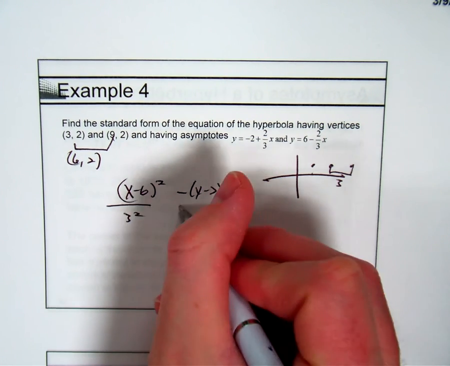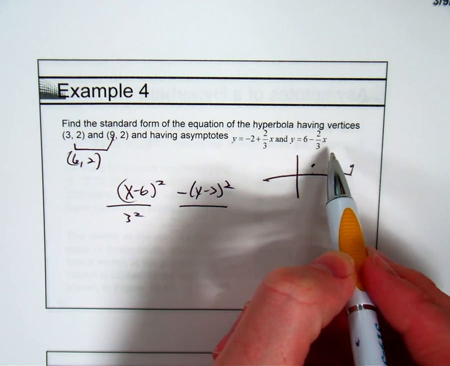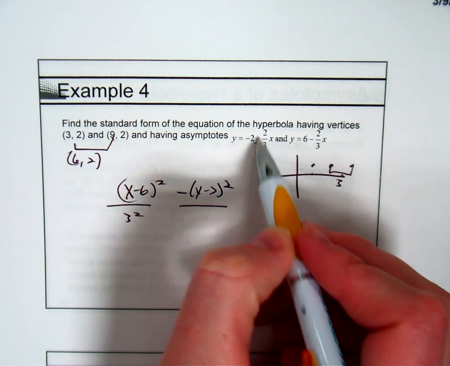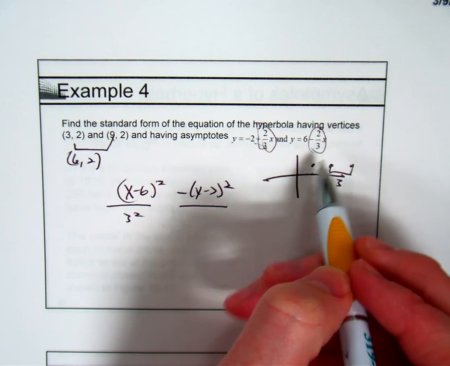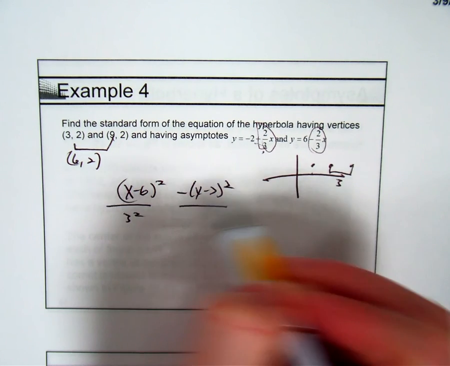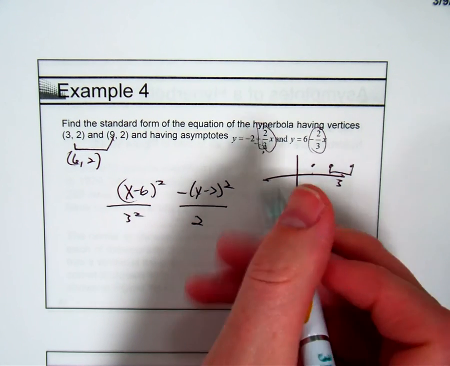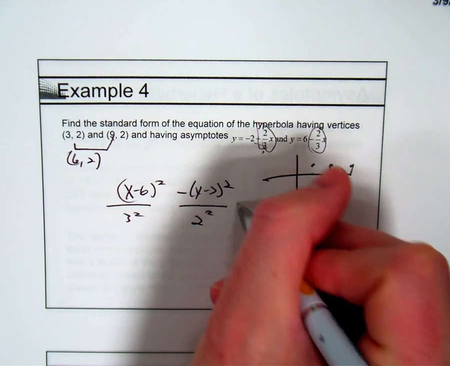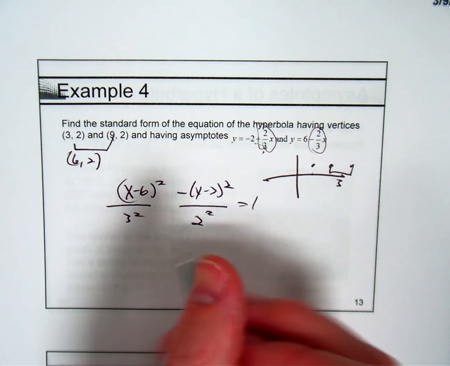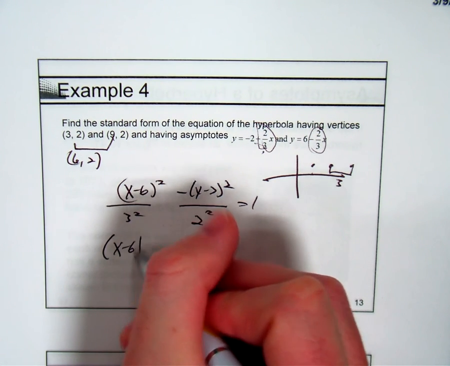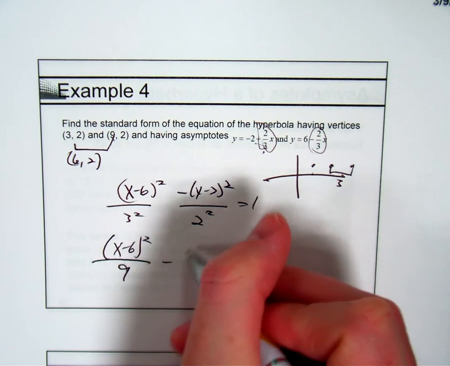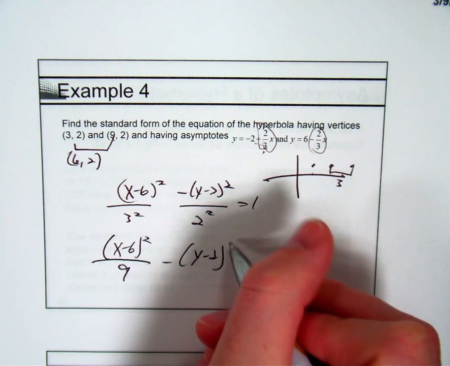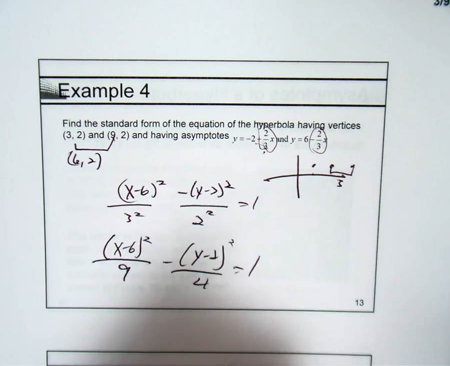So we're over 3 squared. Okay, and then from our slopes, we can see the ratio is 2/3. So if the bottom number is 3, that's our x. The top one should be 2 for our b, 2 squared. So then our final equation here is x minus 6 squared over 9 minus y minus 2 squared over 4 equals 1.